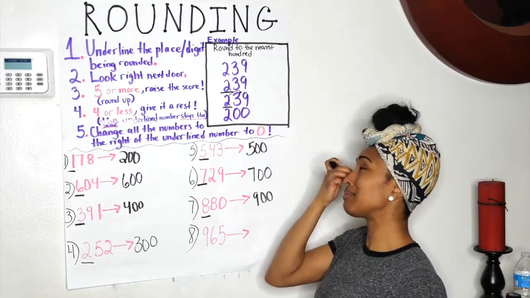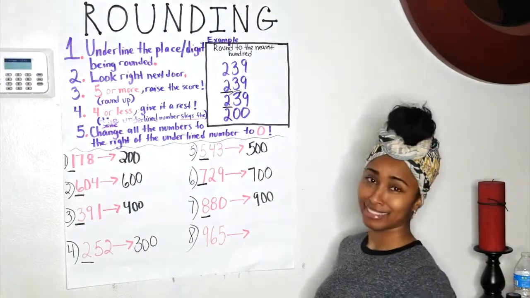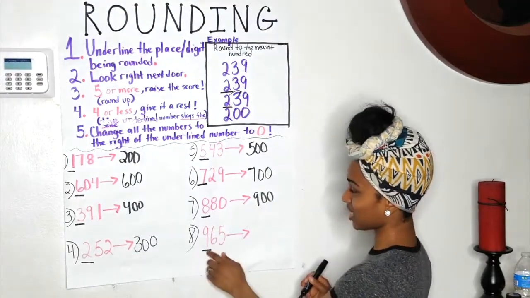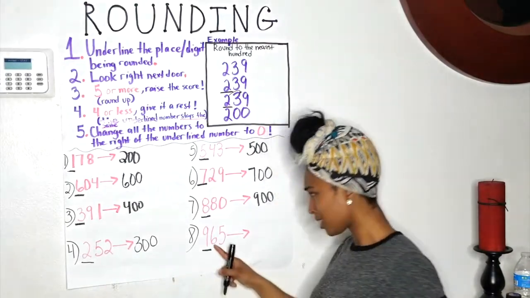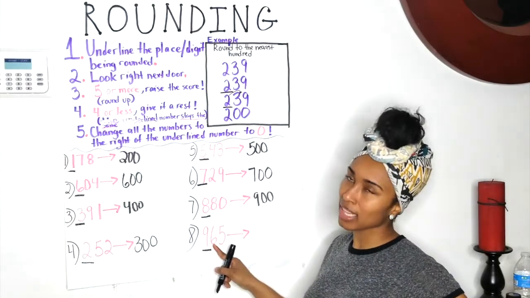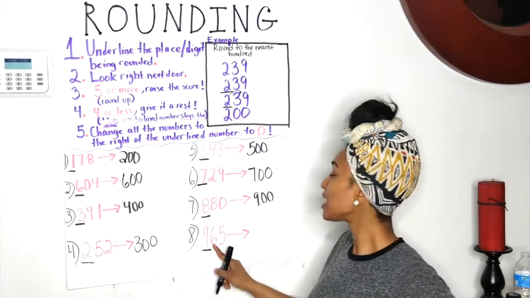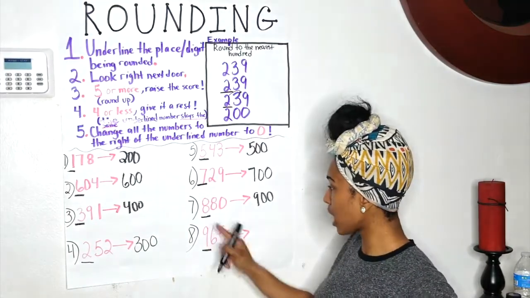Here goes our last one. All right. Underline my digit being rounded, the hundreds place. Look right next door. Hey, neighbor. Is my neighbor 5 or more or 4 or less? Definitely 5 or more. So am I going to raise the score? I sure am. So I'm going to round up.